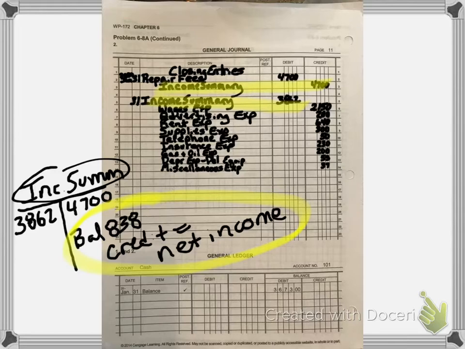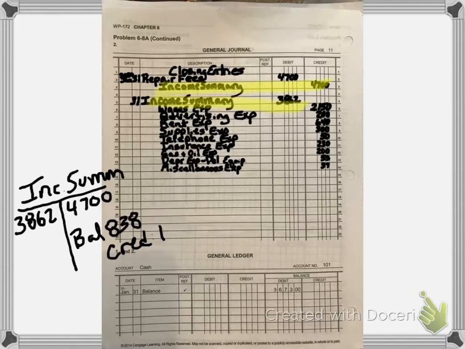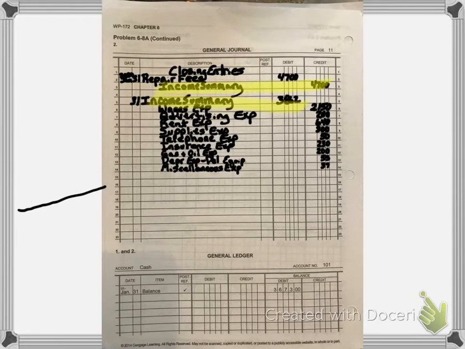So if step 3 says close income summary and it has a balance of $838 credit, then how do we close it? If it has a credit balance, then to close it, we're going to need to debit it. So we will debit income summary, and step 3 says to close income summary to capital.